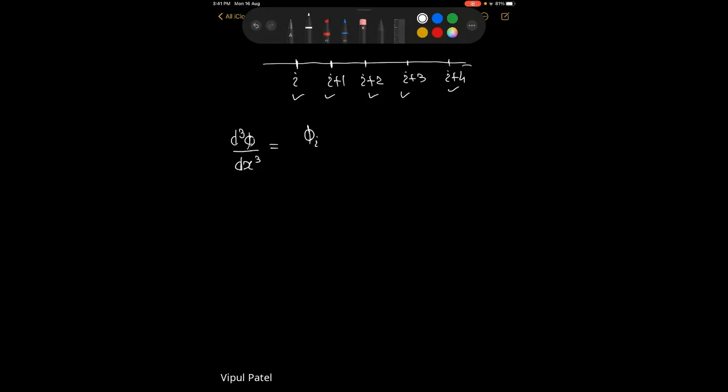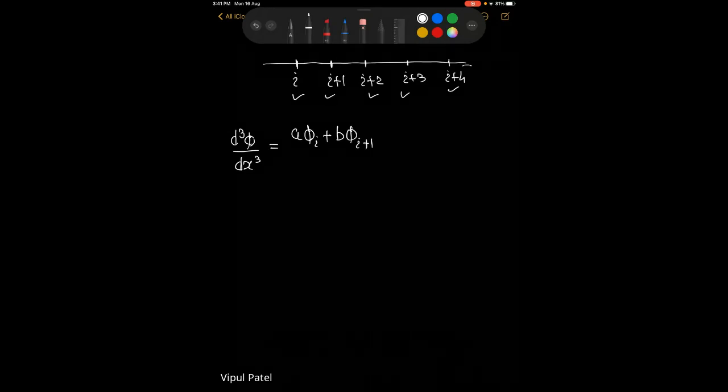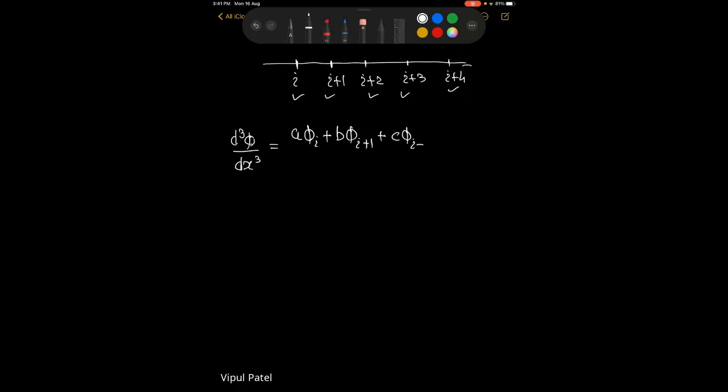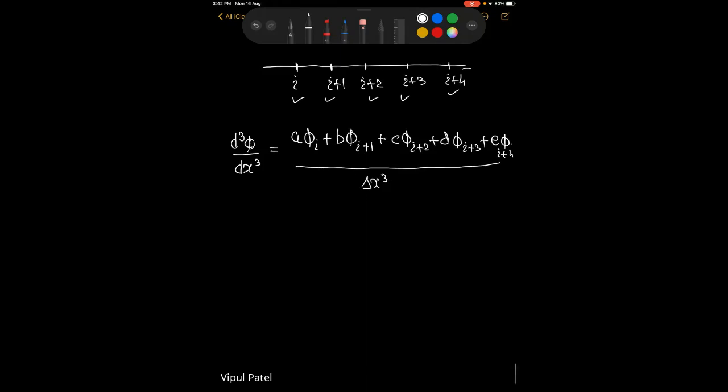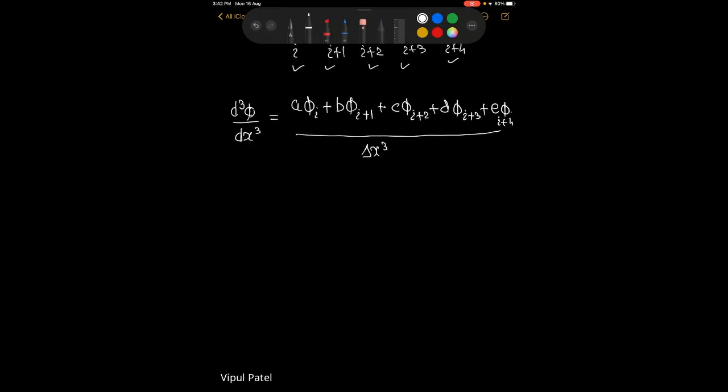So in a general way I can write this as a phi I plus b phi I plus 1 plus c phi I plus 2 plus d phi I plus 3 plus e phi I plus 4, and the whole divided by delta x cube, right? Because it has to be consistent with this dx cube.